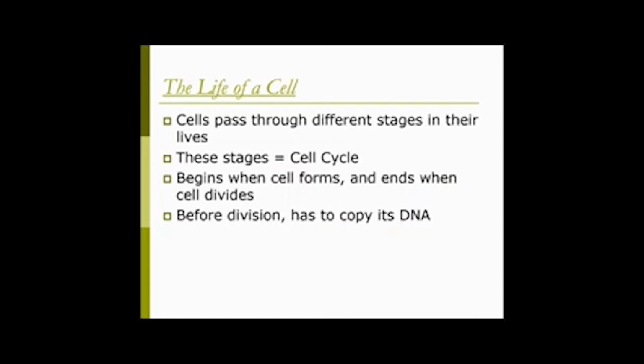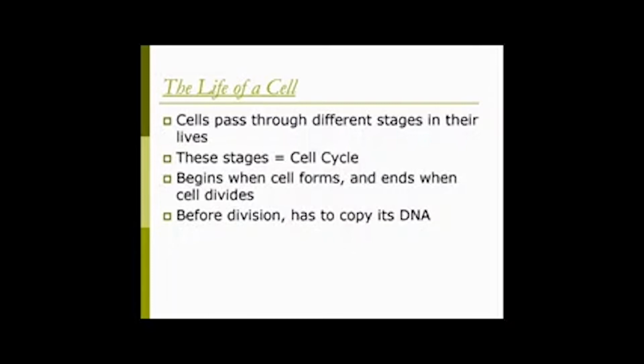The cell passes through different stages in their lives. These stages, just like we do, and we're actually probably going to compare a cell to a human life cycle. Just like humans, the cells pass through stages, and these stages are called the cell cycle. It begins when the cell first forms, just like us when we're born, but a little bit different is a cell splits into two, so it has two cells instead of just giving birth to a single cell.